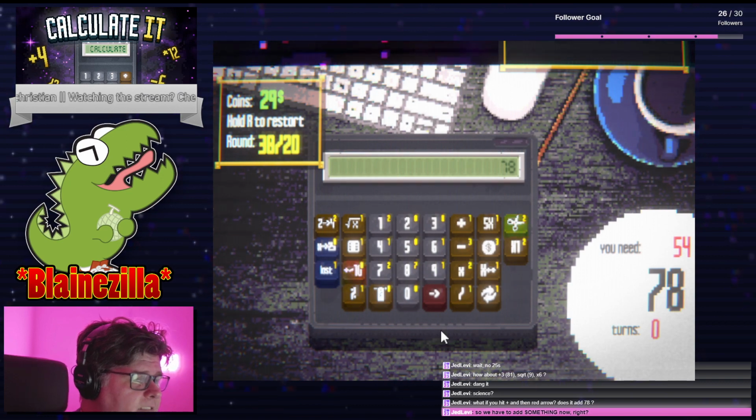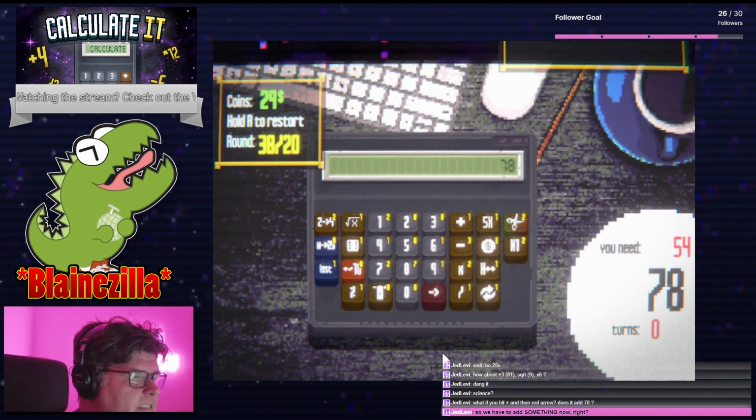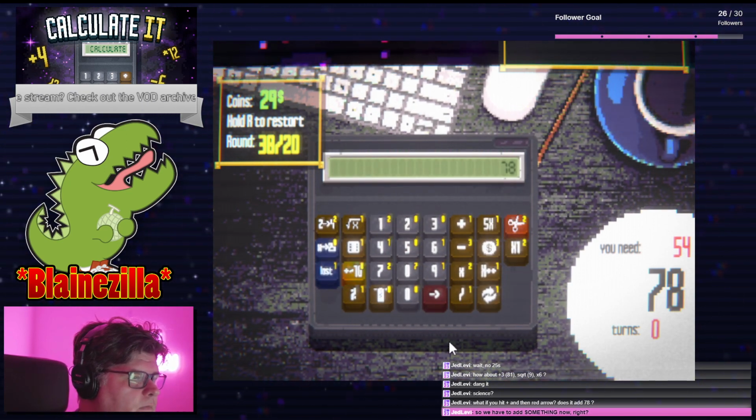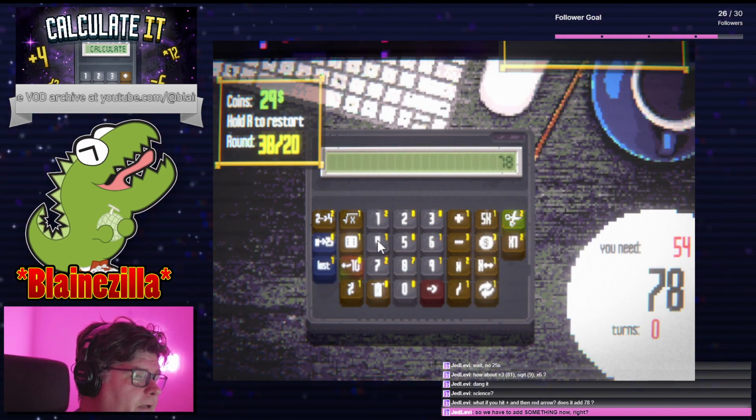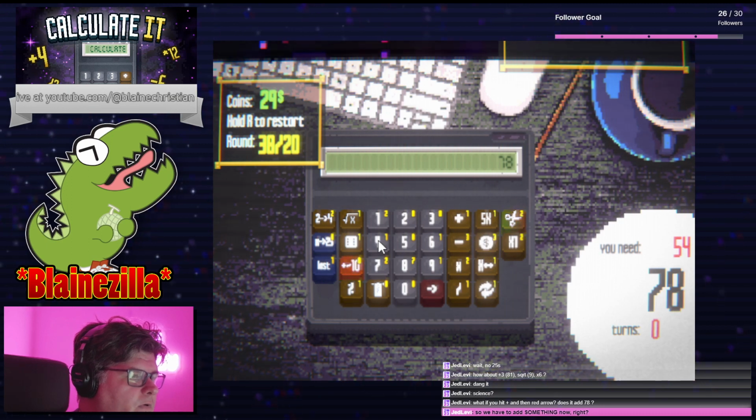Yep, we have to add something now. So the easiest thing to probably do is add, maybe even add 4 so it's at least still an even number, right? Not that it'll make a ton of difference.